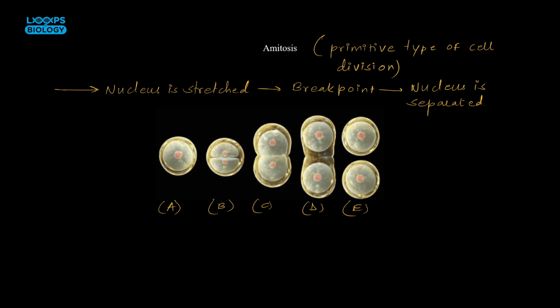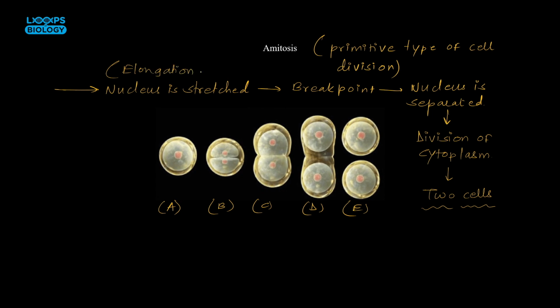Whenever I get the 2 nuclei, then there is a division of cytoplasm, and finally you are going to get 2 cells. This is the basic process of mitosis. The main thing is that the nucleus is stretched, that means there has to be elongation of the nucleus.